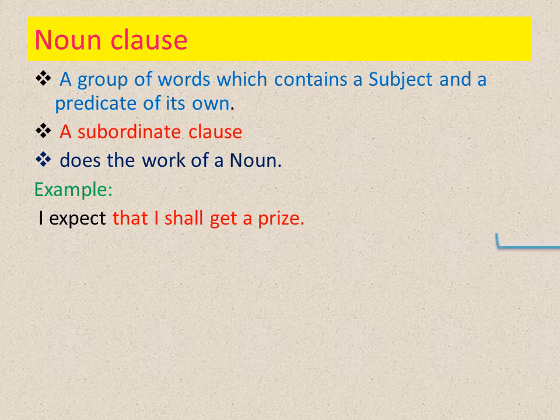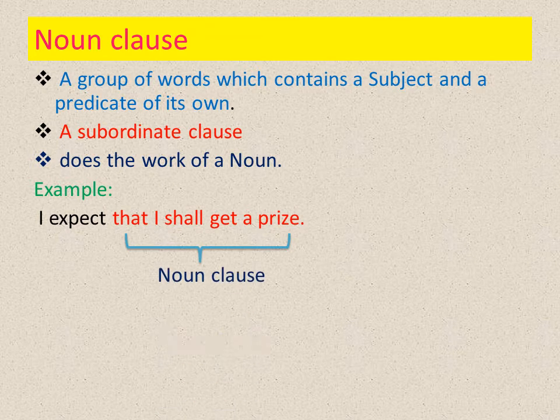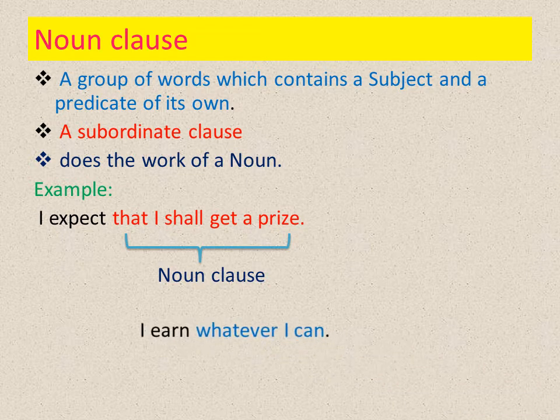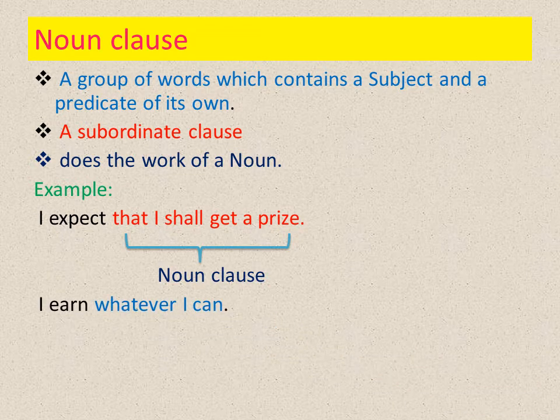And this noun clause does the function of a noun in a sentence. Let us see one more example. I earn whatever I can. In this sentence, "I earn" is a main clause because it is giving complete meaning.